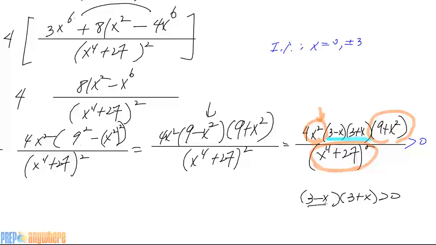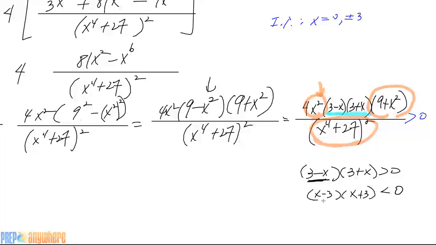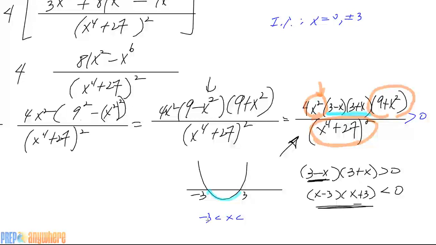Okay, I'm just going to multiply this one by -1. So you get x minus 3 and x plus 3, and I have to multiply the -1 to the other side as well. And you get less than 0. So whatever x values satisfy this condition will make the second derivative positive. Now this is an easy parabola. So when x is between -3 and 3, the function is concaving up, or the second derivative is positive.